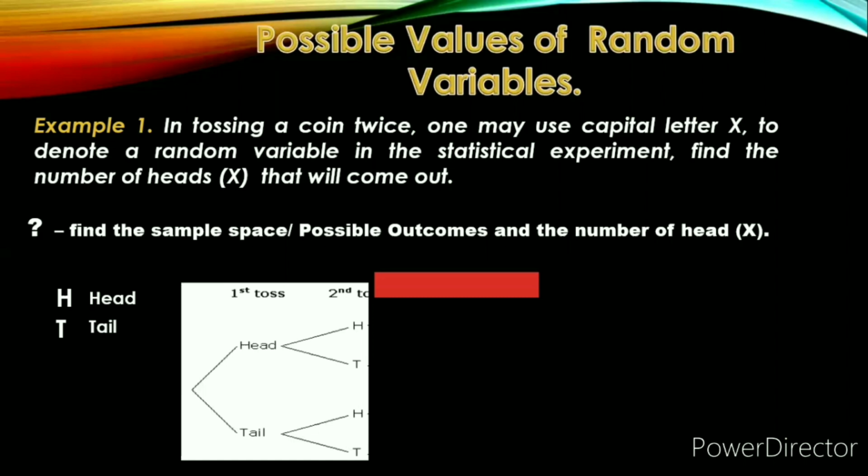And then head, another arrow. We have X and T for the second toss of a coin. And another T here is X and T. So, tingnan natin how we're going to find the possible values of this one.